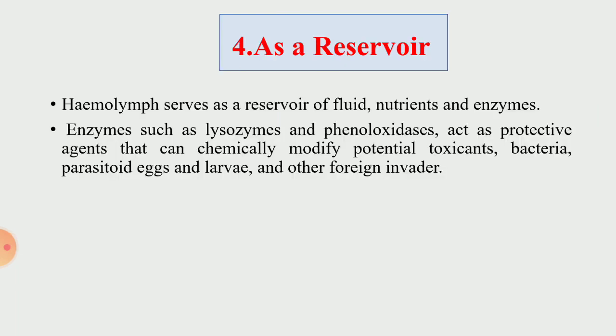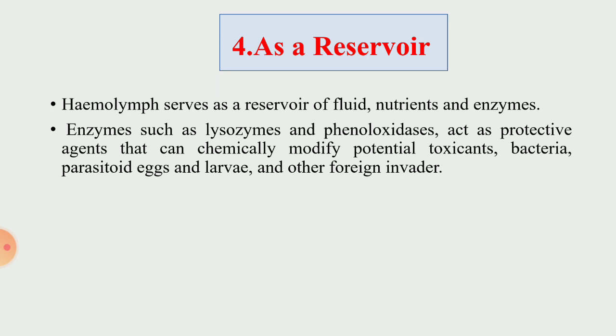Next is as a reservoir. Hemolymph serves as a reservoir of fluid, nutrients and enzymes. Enzymes such as lysozymes and phenolases act as a protective agent that can chemically modify potential toxicants, bacteria, parasites, eggs and larvae and other foreign invaders.